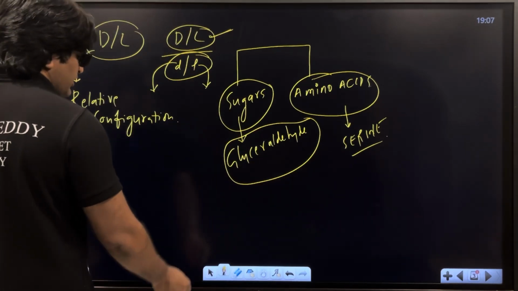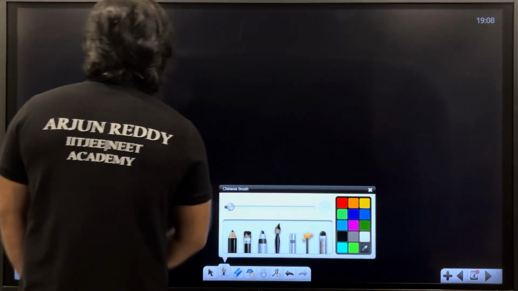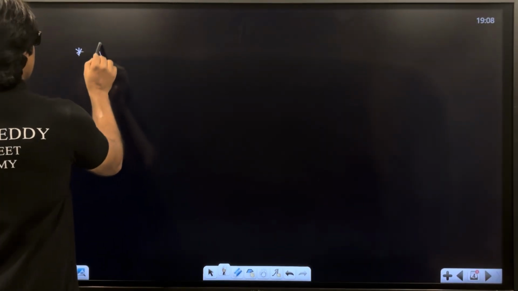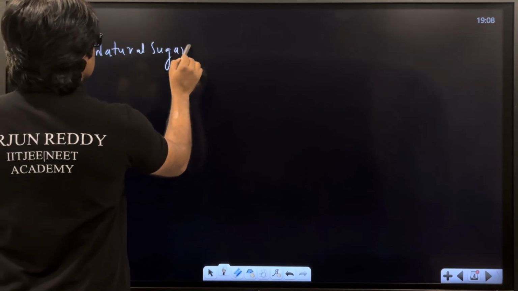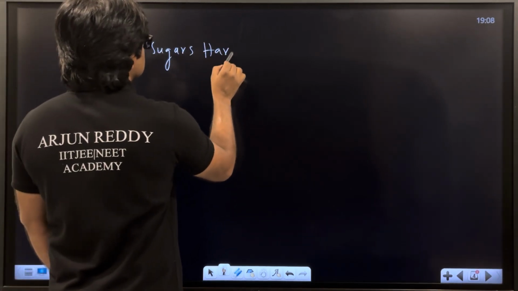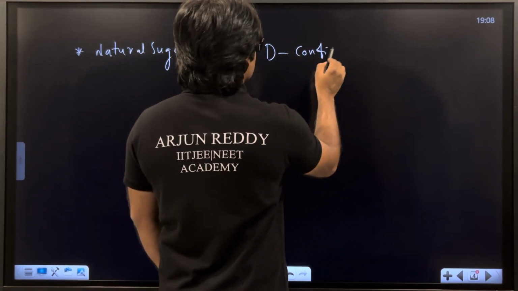Remember one very important point: natural sugars have D configuration.